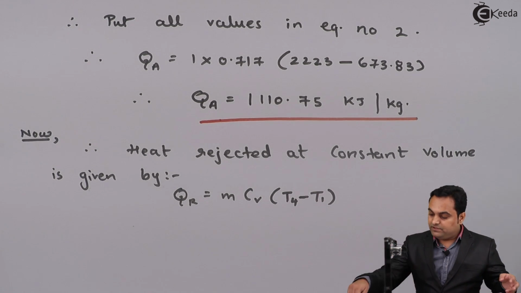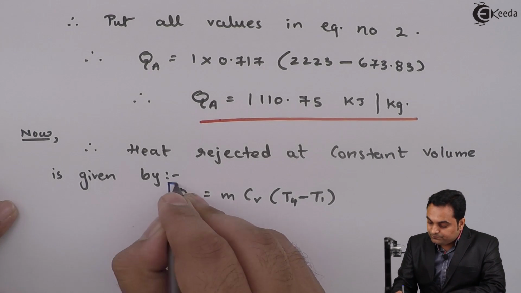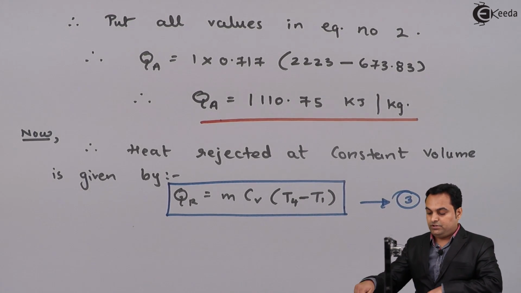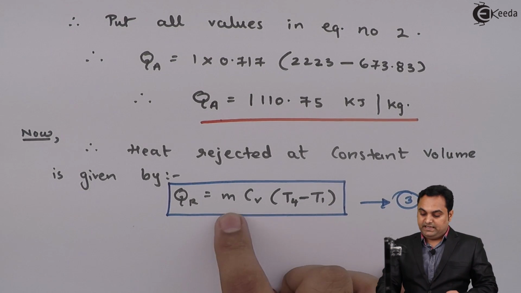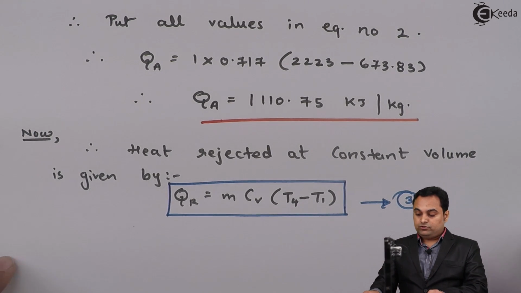Now I will keep this as equation number 3. Here M, CV and T1 values are known, only unknown is T4. So for that I'll use the process 3 to 4.